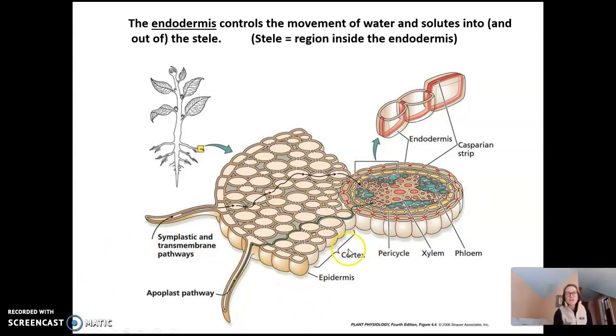Now, the endodermis controls the movement of waters and solutes into the stele, which is the region inside the endodermis. So we have the endodermis kind of protecting a layer of cells that distinguishes and protects the stele. Just inside that is the pericycle.